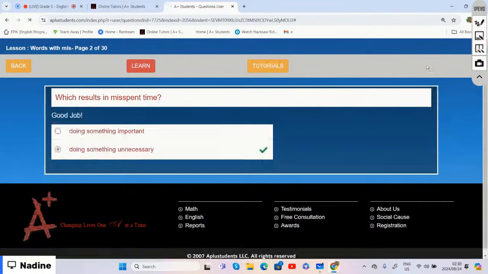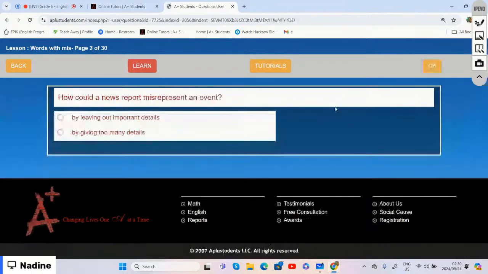All right. Then it says, how could a news report misrepresent an event? Is it by leaving out important details or by giving too many details?